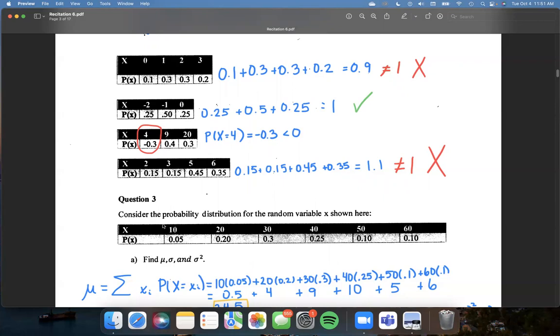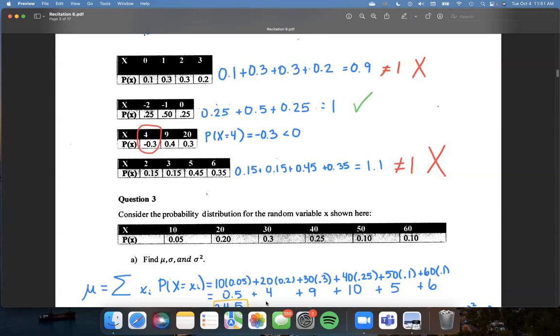So we're going to take 10 times 0.05, plus 20 times 0.2, plus 30 times 0.3, plus 40 times 0.25, plus 50 times 0.1, plus 60 times 0.1.